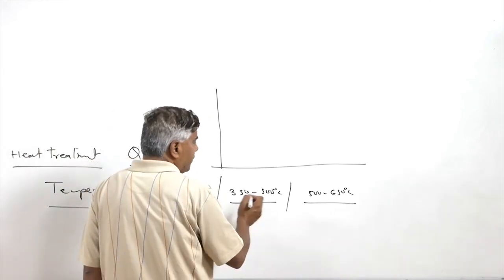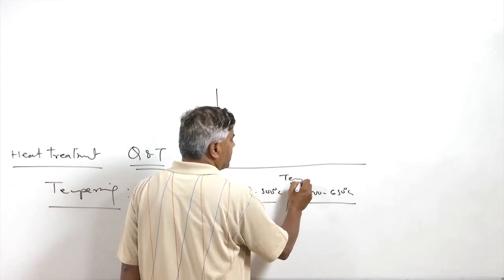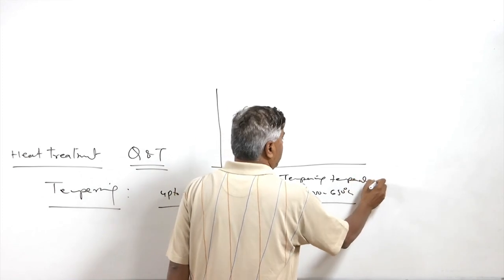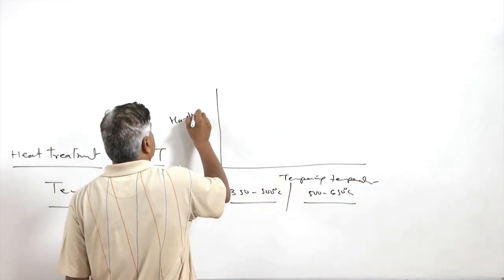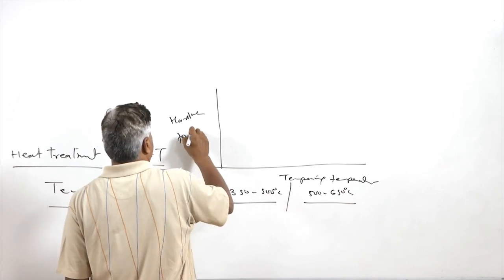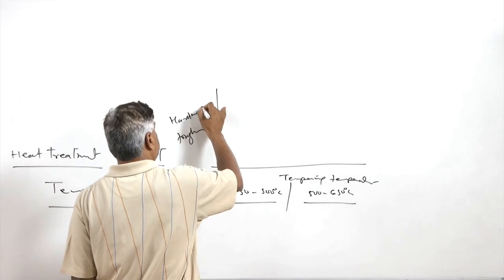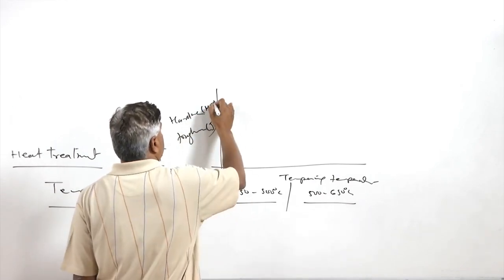So in order to understand this in a better way, if we see the relationship between the tempering temperature at which it is held and the kind of variation in the hardness as well as the toughness which is observed. So toughness is normally in joule, and the hardness is measured in terms of, say, HRC.